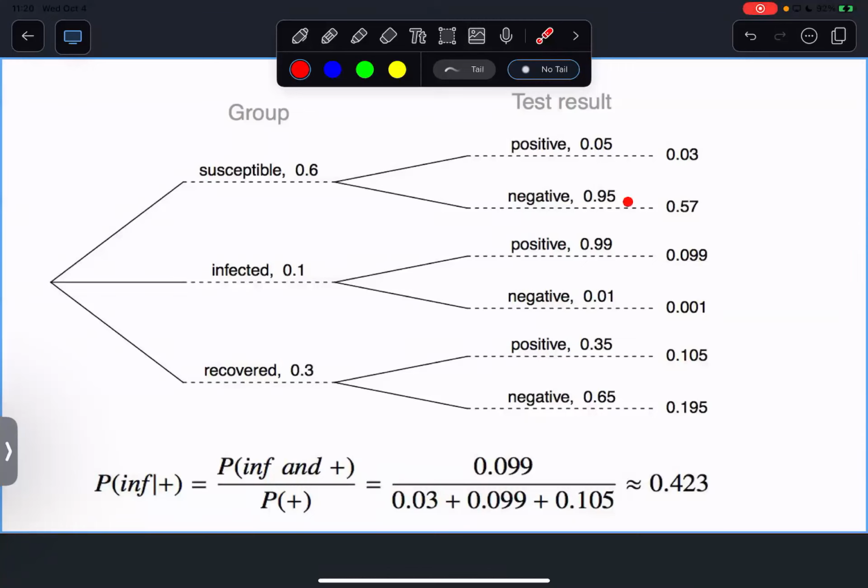It was accurate 95% of the time for someone susceptible, which means a negative test, and the flip side would be a positive test, 5% of the time, or 0.05. Multiplying down these branches, you get the "and" probabilities.